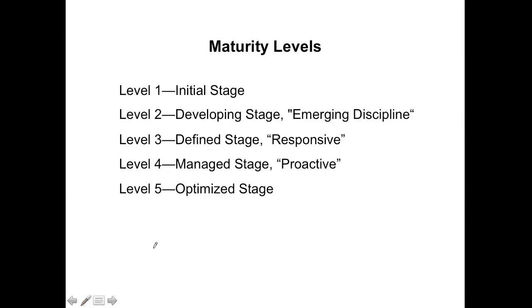That you start way down here, and then as you get better at this continuously, you walk up a staircase, right? Sorry for my drawing, but anyway. So down here you have maturity level 1, 2, 3, 4, and 5, right?